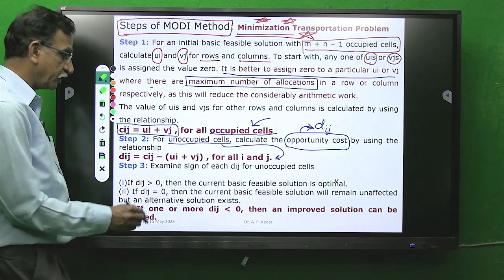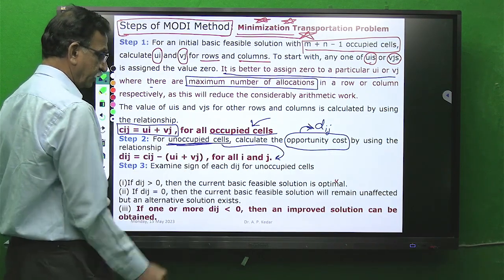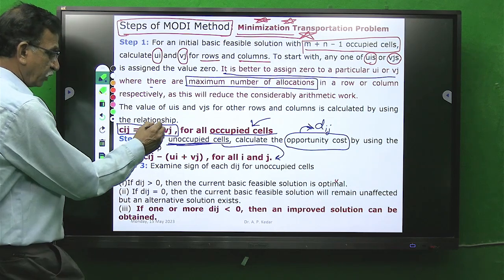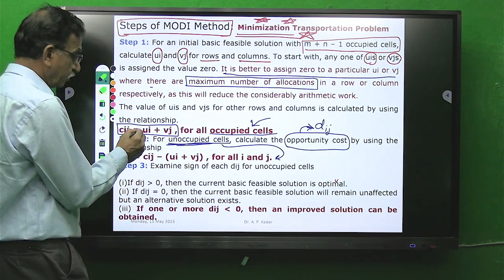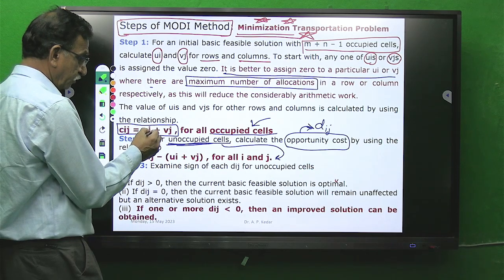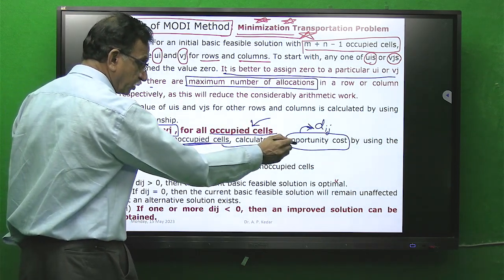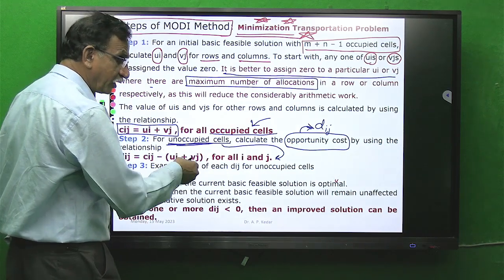But for which cells? For all unoccupied cells. With this formula you have to calculate Ui and Vj for occupied cells, but the opportunity cost you have to calculate for unoccupied cells.